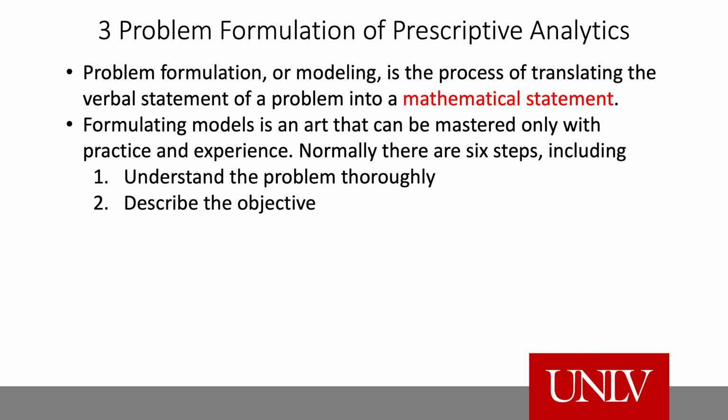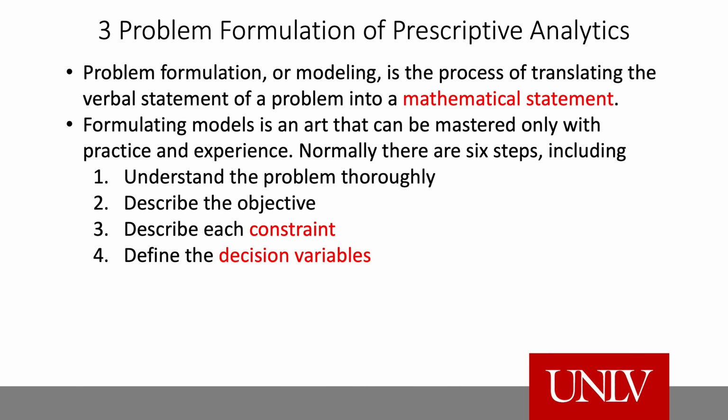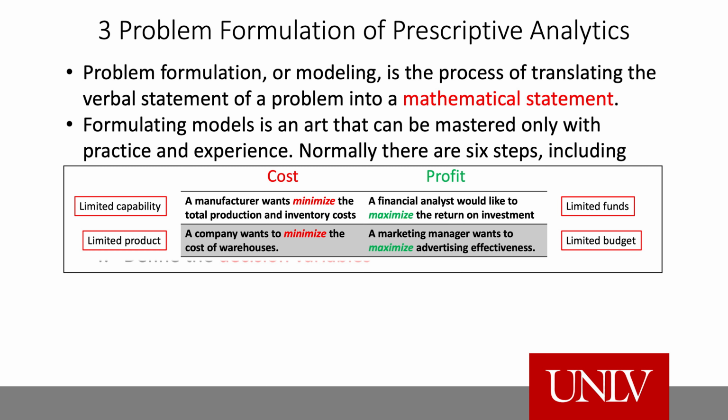The first 2 steps are understanding the problem thoroughly and clearly defining the business objective. And then we identify the constraints, which are the rules or the limits that must be respected. This might come from the budget, resources, regulation, or operational boundaries. Like the cost has to be less than the budget, or the quantity has to be more than 0.